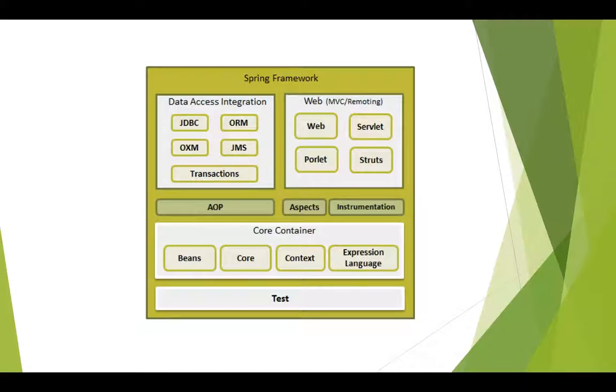And lastly, for testing, we can use Spring Test, and Spring provides a very good way through which we can mock the test data. Using dependency injection, which is one of the biggest features of Spring, during the execution time of the test, we can inject the mock test data into the test cases.